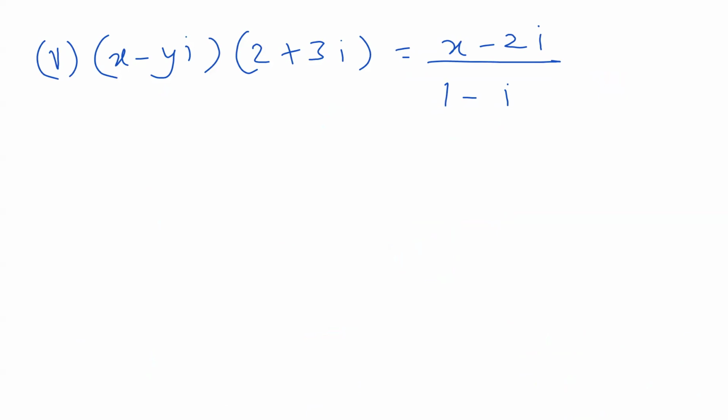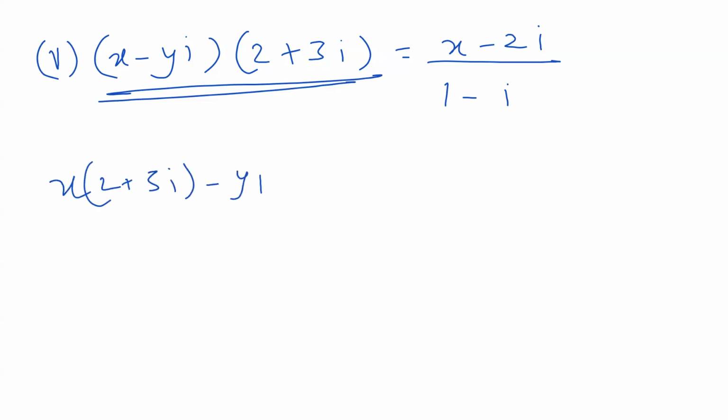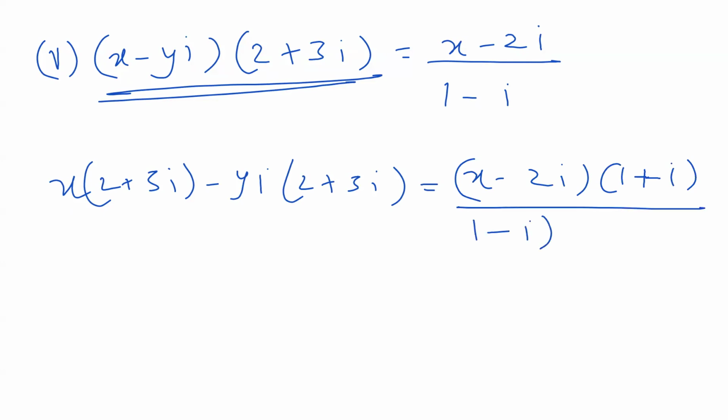So I'll just multiply these two terms: x into 2 plus 3i minus yi into 2 plus 3i is equal to, on the right hand side, I'll take the conjugate of the denominator. It's division with the proper format of a complex number.